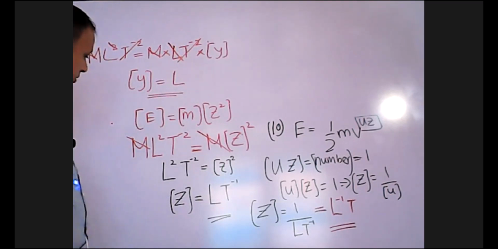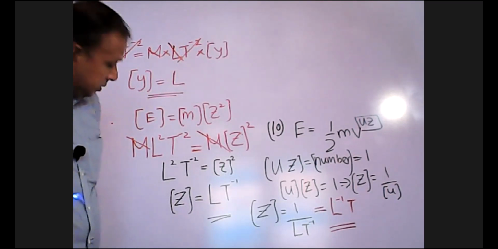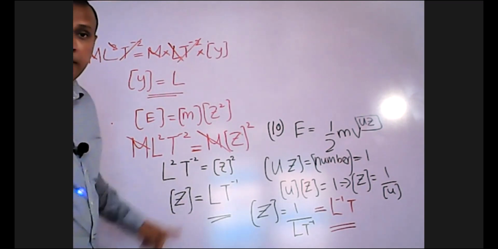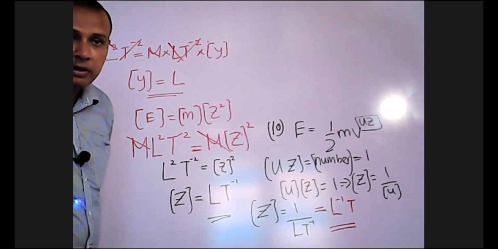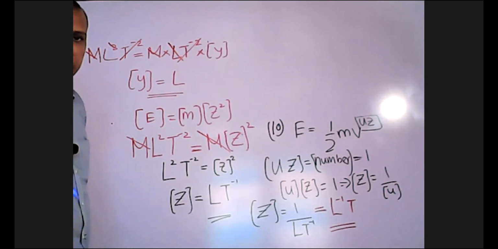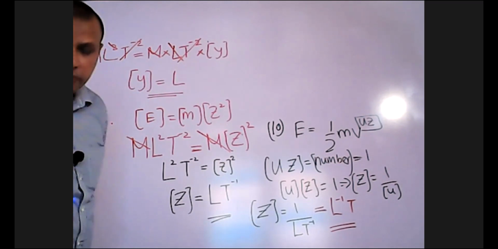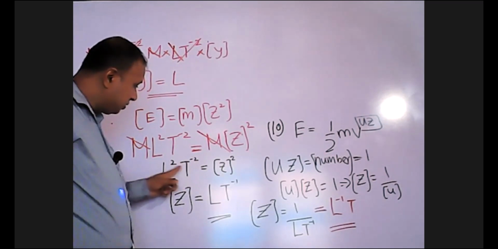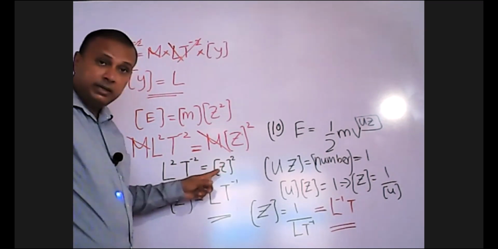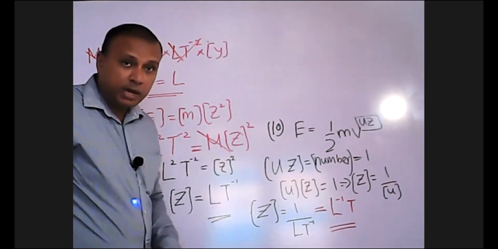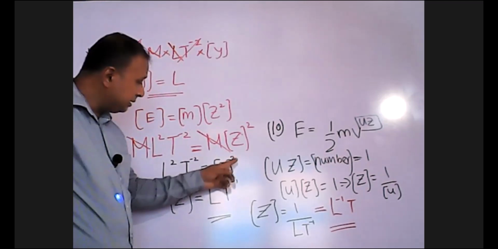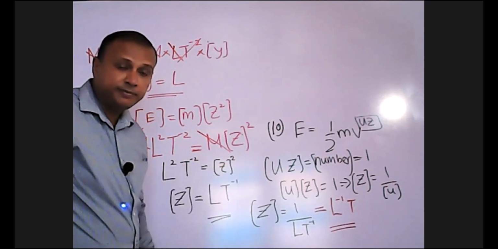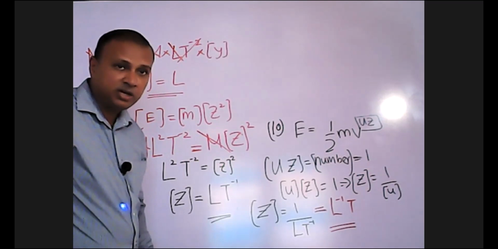Ninth question. This one? No, Muta. No. We cannot write that one. How did you get that answer? Here LT⁻², no? If I take the square root of them, you have to multiply the power by the fraction half.